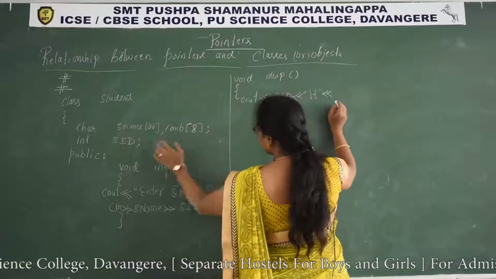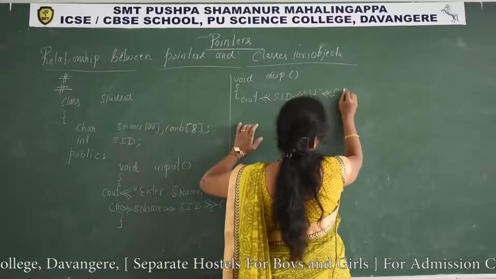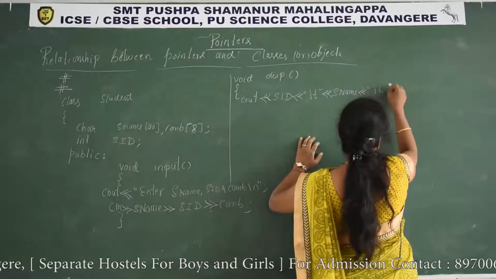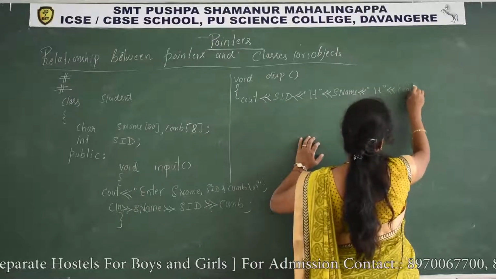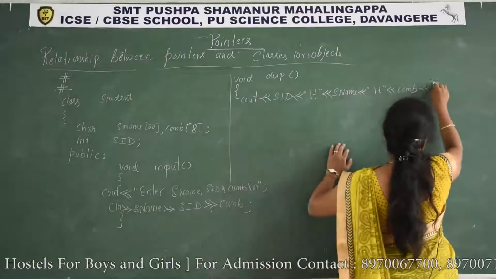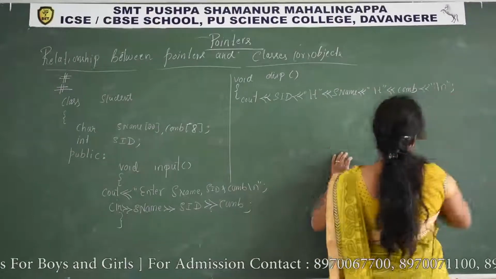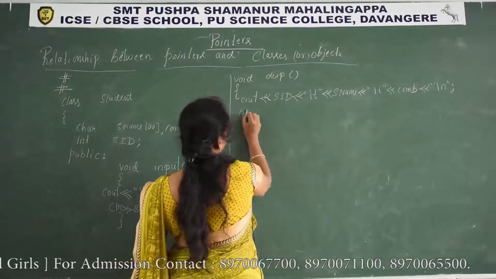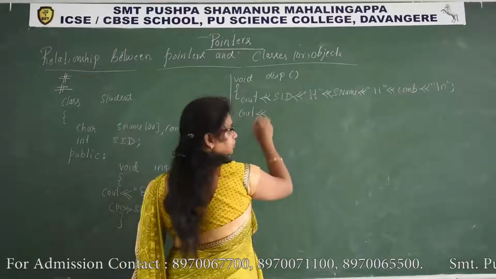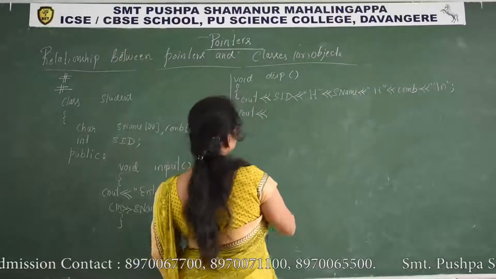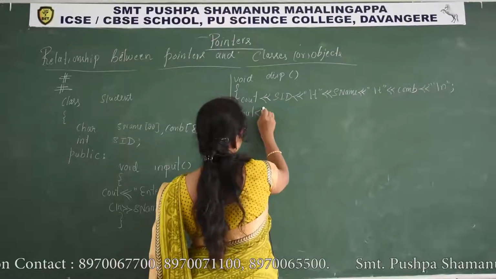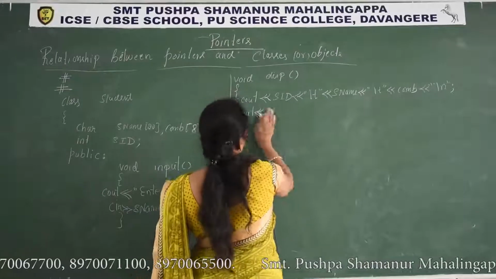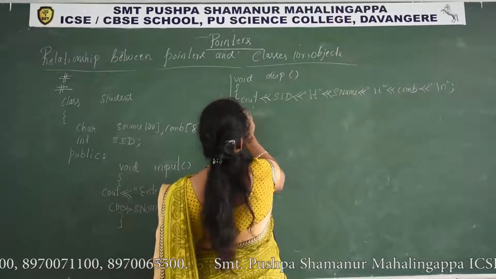After SID I want to display name, then I want to display combination here, then \n semicolon. Now cout, insertion. Only 3 members are there now, so let us close.